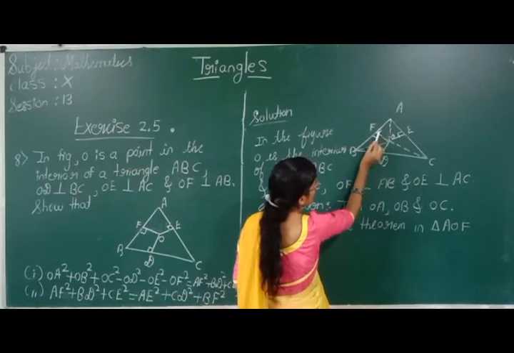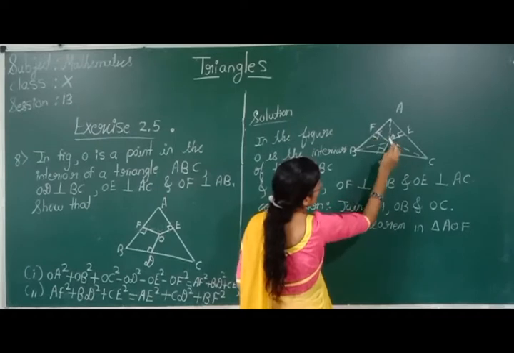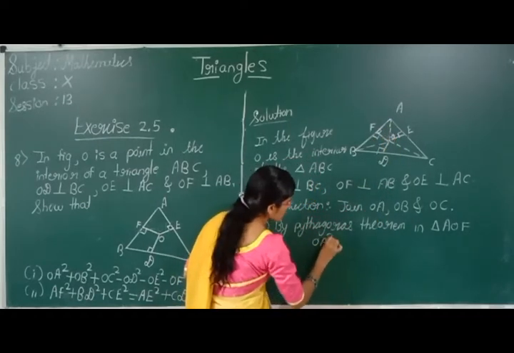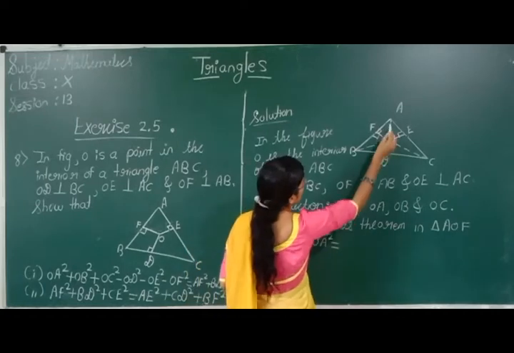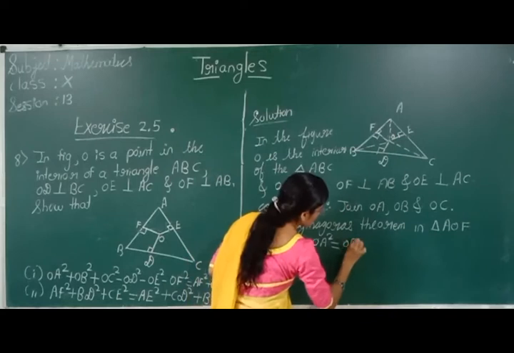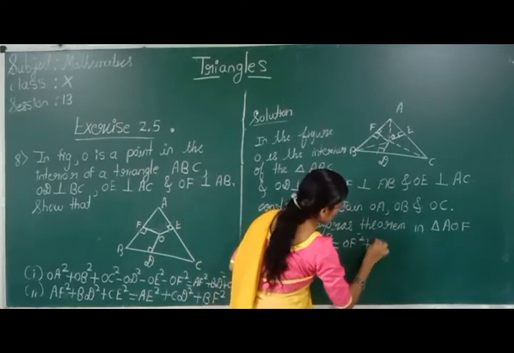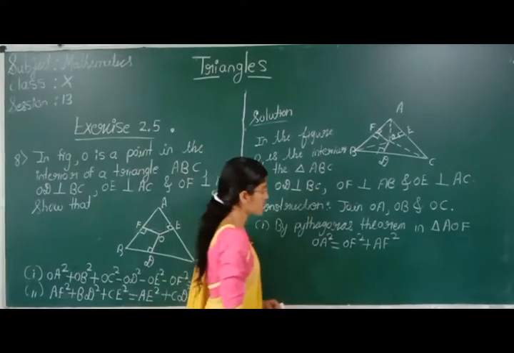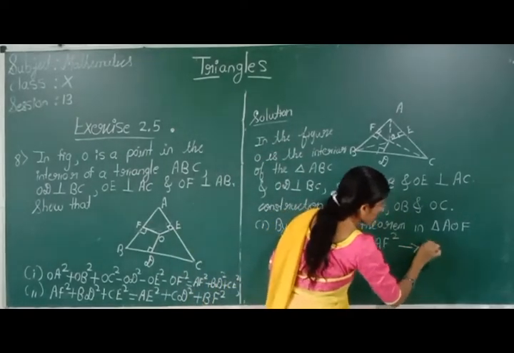Angle F is 90 degree. Which is the side opposite to it? That is OA. Hypotenuse is OA. OA square is equal to the remaining sides, that is OF square plus AF square. Call it equation number 1.